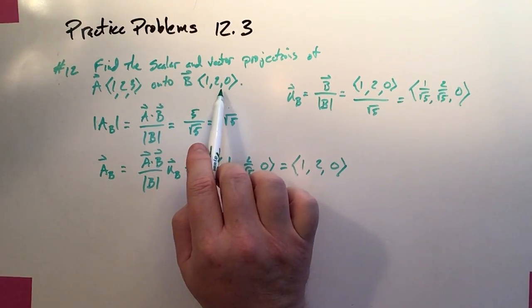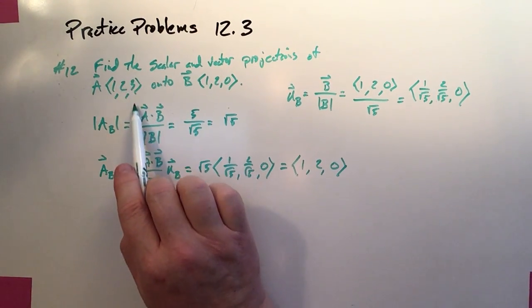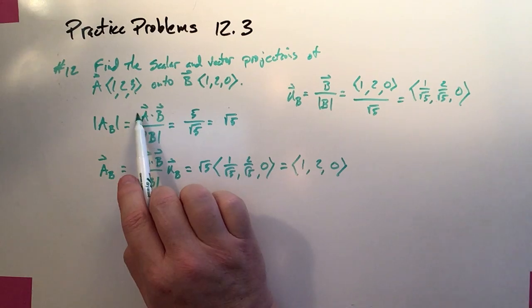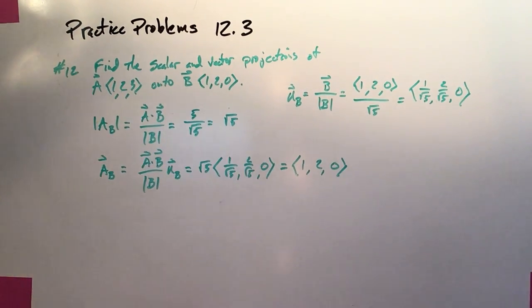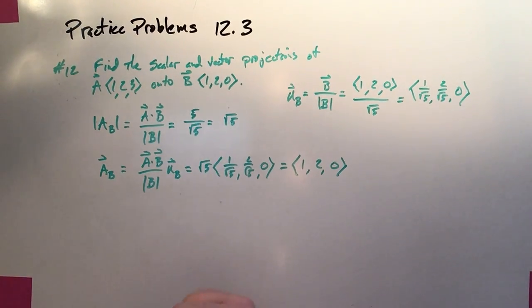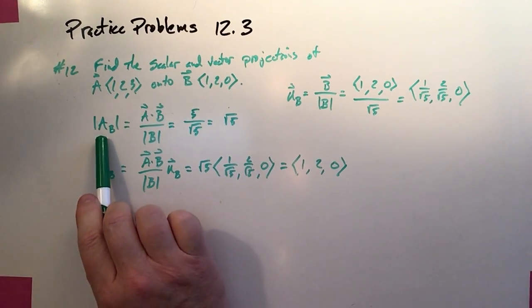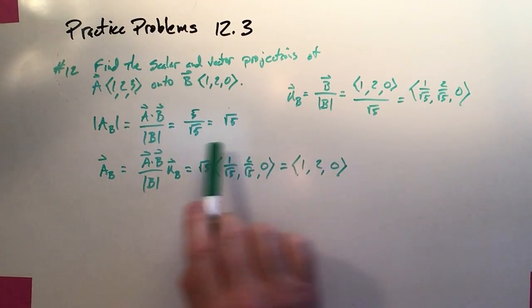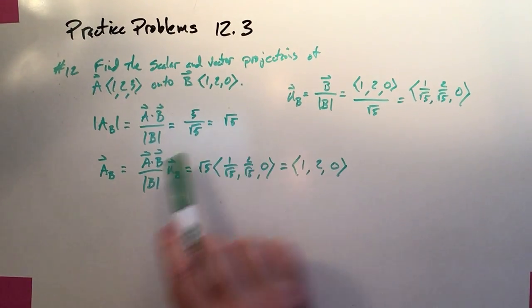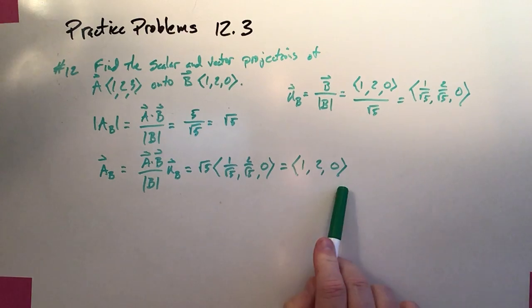As a result, projecting A onto B just meant reducing it by that 3 in the z direction in order to project it in a perpendicular way onto the vector that was in the xy plane. So it makes perfect sense that in this case, because of these coordinates, the magnitude of the vector projection of A onto B was the same magnitude as vector B, and the actual vector of A projected onto B was identical to vector B.